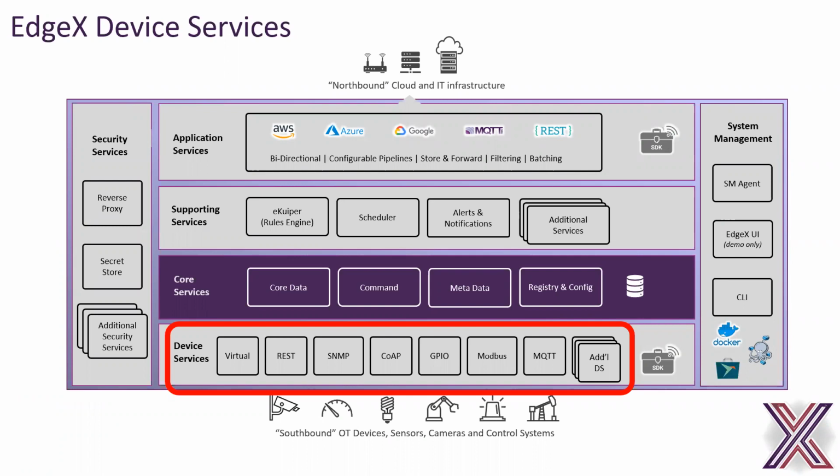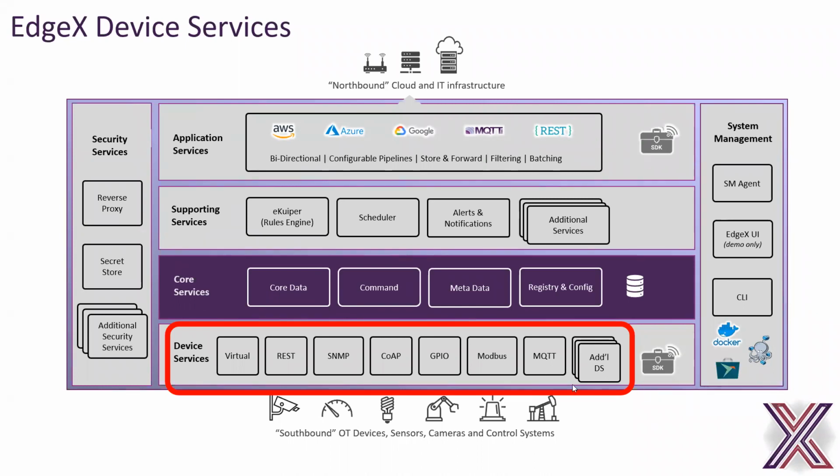If what EdgeX provides in terms of device services and its connectivity to things out there is something that you find EdgeX doesn't have for your need, for your use case, that's where you're going to use the SDK, and that's what we're going to do today. Take a look at using the SDK to create a brand new one of these device service boxes.